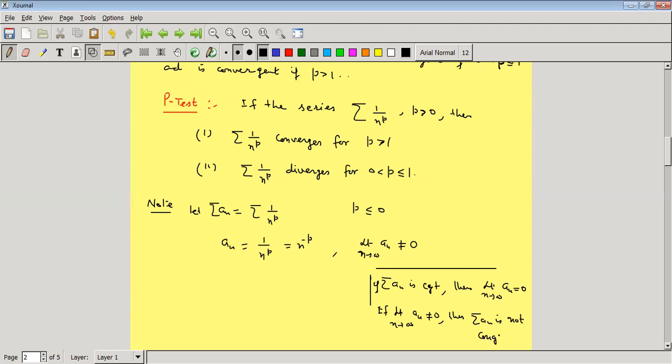So now we have limit n goes to infinity of an not equal to 0. This implies that summation an is not convergent, so this implies that summation an is divergent. So the series diverges for p less than or equal to 0.